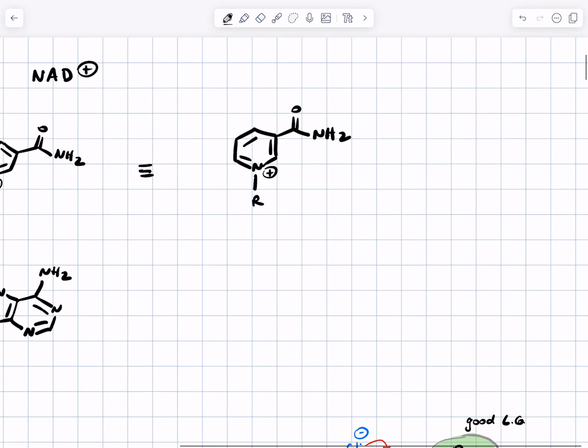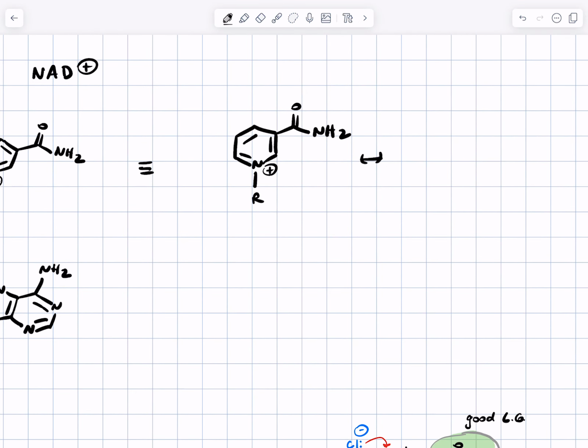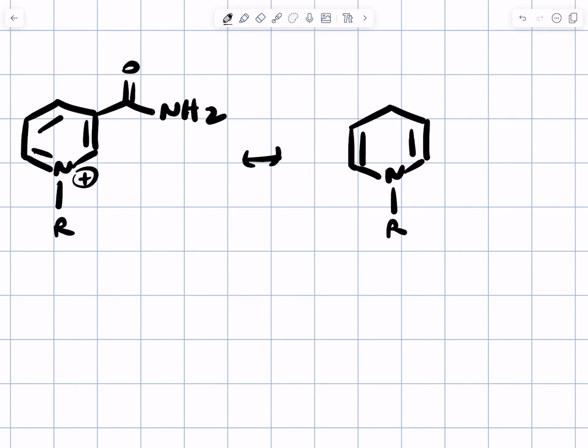And I'm going to point out that through resonance, you should be able to see that the positive charge on the nitrogen can actually be delocalized to a couple of different places, but one of the ways we can convert one resonance structure to the other would be to move the pi electrons from the bond between carbon and nitrogen over onto the nitrogen as a lone pair.